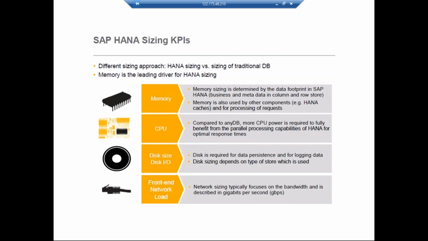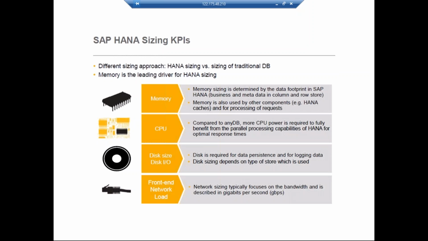For that, there are a lot of considerations, which we'll discuss now. And then the CPU, the processor requirements, depending on the type of application you are implementing, whether it's native HANA, ERP on HANA, BW on HANA or CRM on HANA, and whether it's OLTP or OLAP. We need to identify the processor requirements.